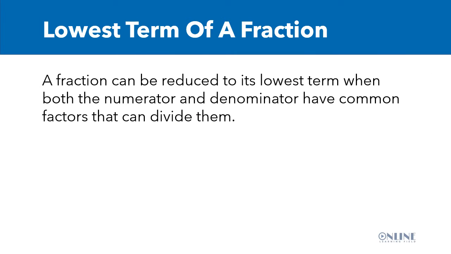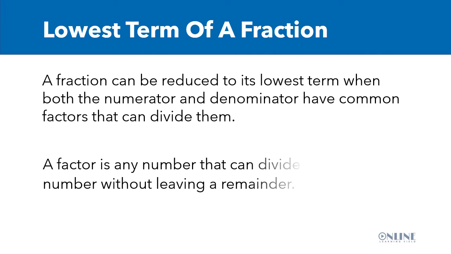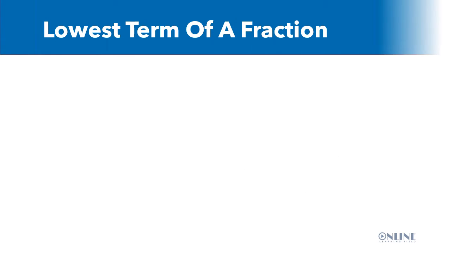A fraction can be reduced to its lowest term when both the numerator and denominator can be divided by common factors. Remember, in maths, a factor is any number that can divide another number without leaving a remainder.